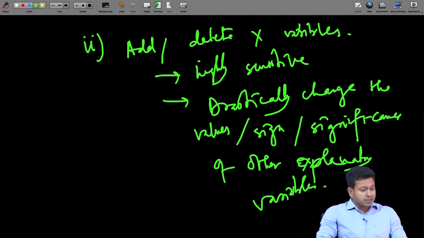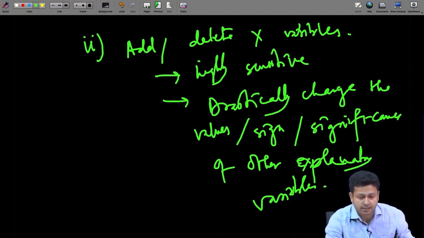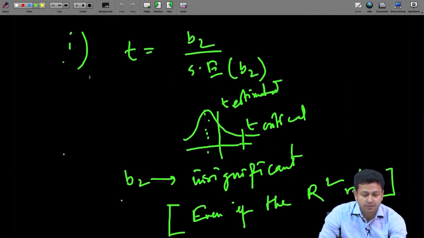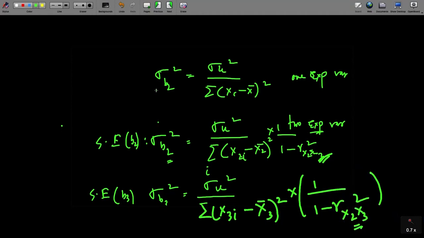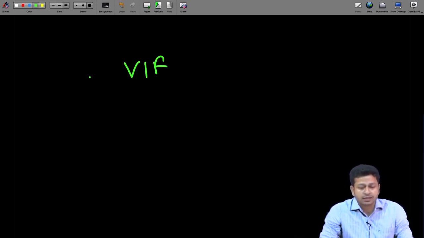So these are some of the symptoms of multicollinearity, and we will conclude this lecture by saying that we have used this term 1 by 1 minus r square x2 x3. Usually this term is referred to as VIF, variance inflation factor.